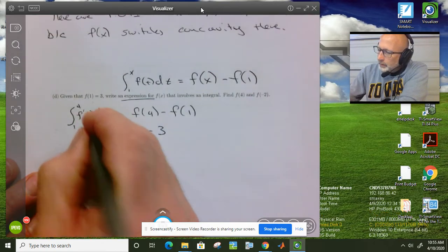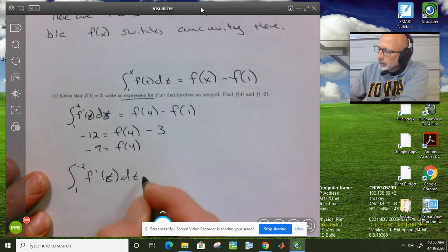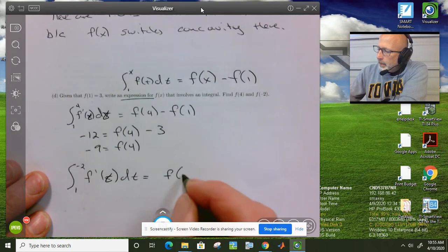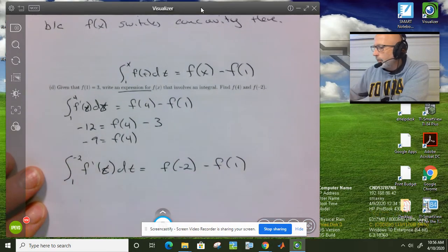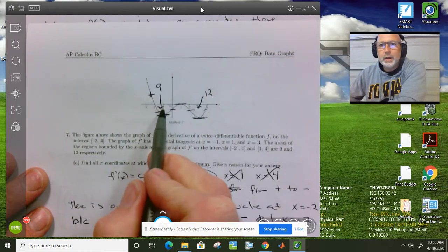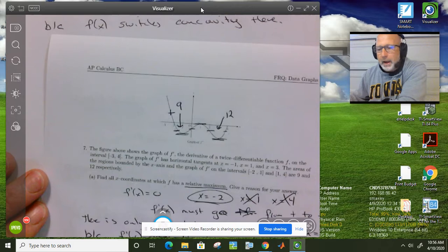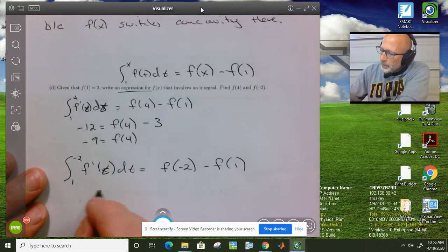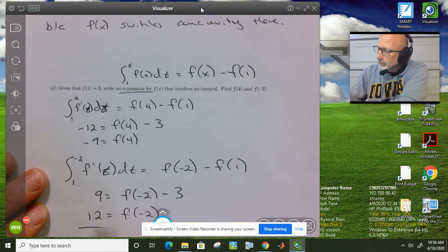So the integral of f prime of t dt is equal to f of negative 2 minus f of 1. From negative 2 to 1, the answer is 9, but I'm integrating backwards. It should normally be negative 9, right? But I'm integrating backwards, so it should be positive 9. So I have 9 is equal to f of negative 2 minus f of 1, which is 3. Add the 3, so 12 is equal to f of negative 2.